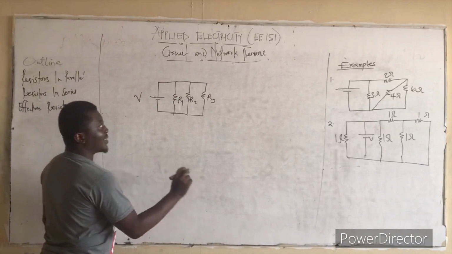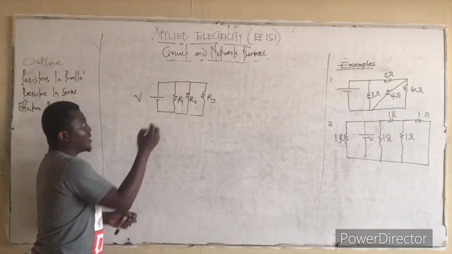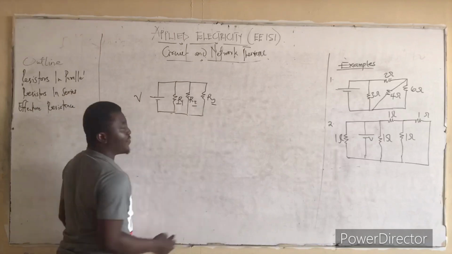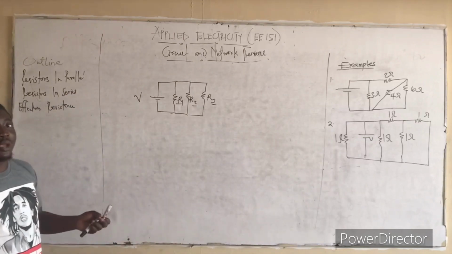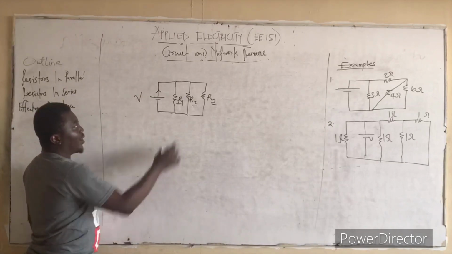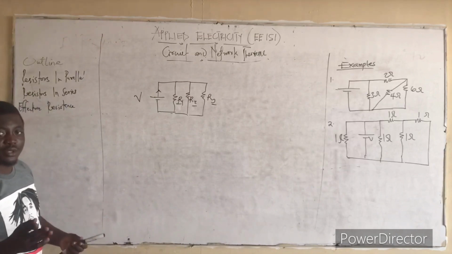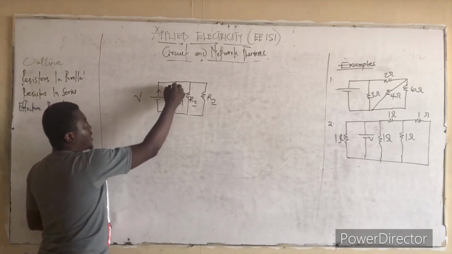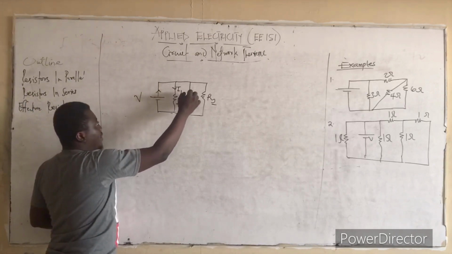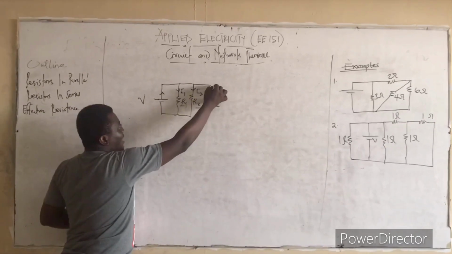So if the voltages are the same, it means if their values are different, the current that goes through them will differ. So if this produces a current, all this can be considered as one load. So the current is going to split into three. One will be I1, one will be I2, one will be I3.